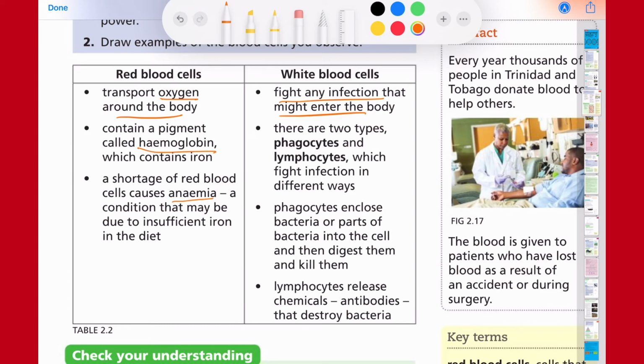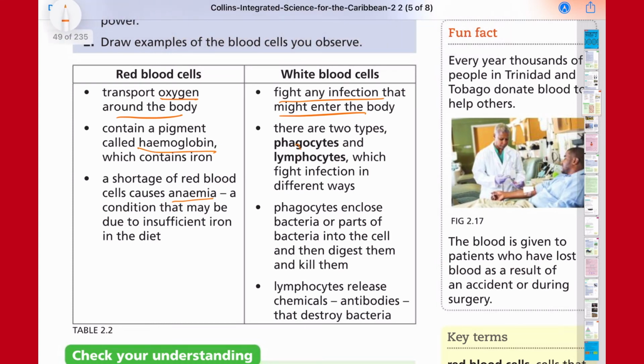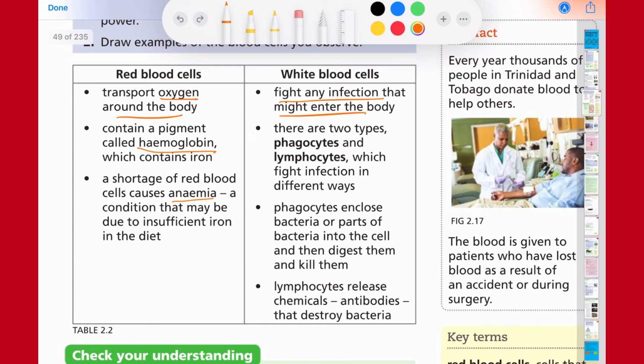We already talked about there are two different types of white blood cells known as phagocytes and lymphocytes, and these fight infections. So phagocytes enclose bacteria, or parts of the bacteria, into the cell and digest and kill them. So think about if you have this little blob like slime, right?